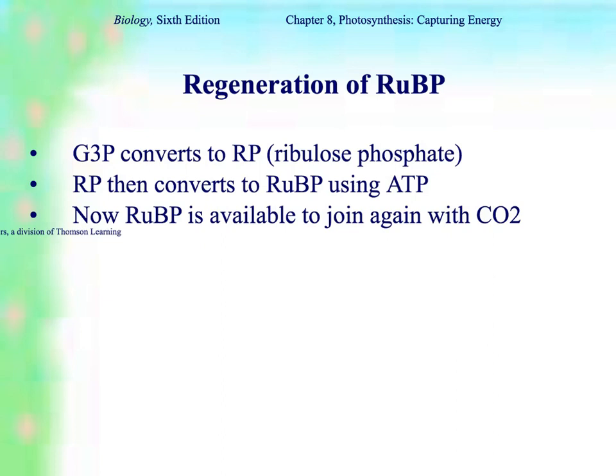The last stage is the regeneration of RuBP, because this is a cycle. We need to make more of that. So G3P can convert to RP. RP will then convert to RuBP using a little bit more energy in the form of ATP. Now RuBP is available again to join with carbon dioxide.